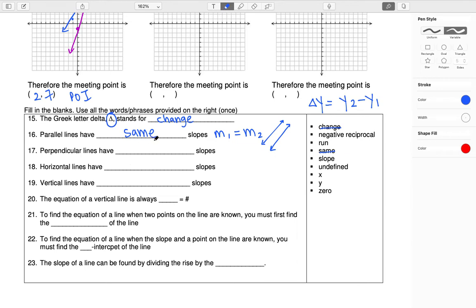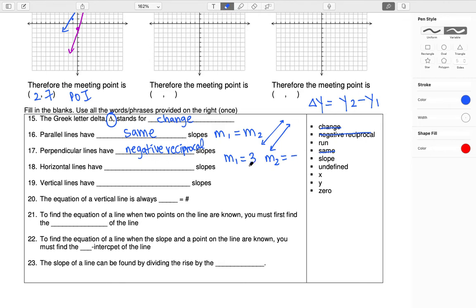On the other hand, perpendicular lines have a negative reciprocal slope. Negative reciprocal means that if slope 1 is, let's say, 3, which is positive, then slope 2 is going to be negative, but you flip it.